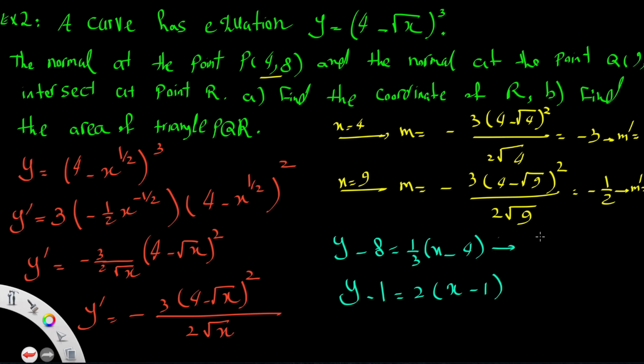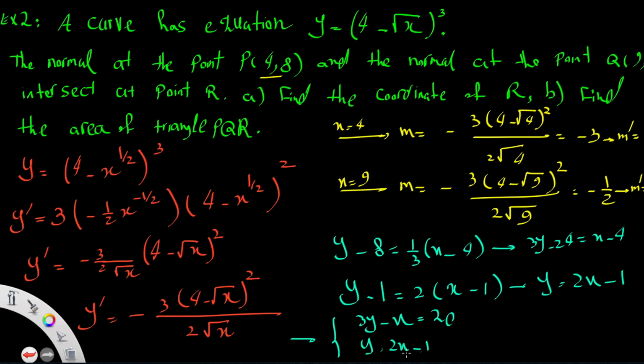I first multiply all by 3, it will be 3y minus 24 is equal to x minus 4, and here it will be y is equal to 2x minus 2, negative 1 is transferred to the other side, it will be minus 1. Then you have a pair of simultaneous equations. It will be 3y minus x is equal to 20, and for the second one, y is equal to 2x minus 1.